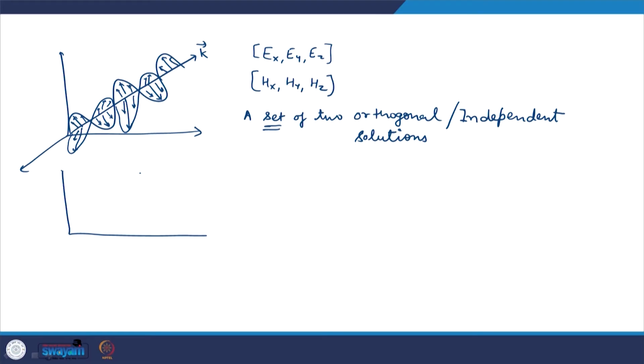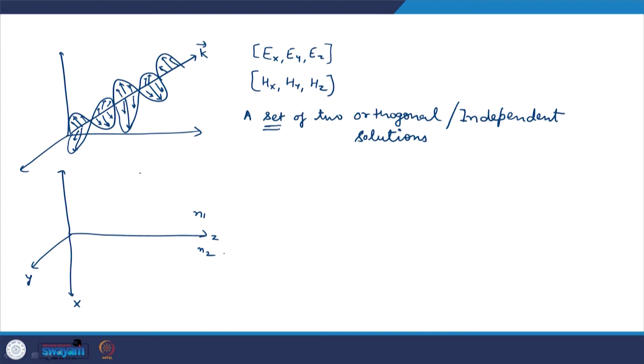Suppose this is the z axis and this is the x axis and this is y, and suppose this z axis separates 2 media of refractive index n1 and n2.